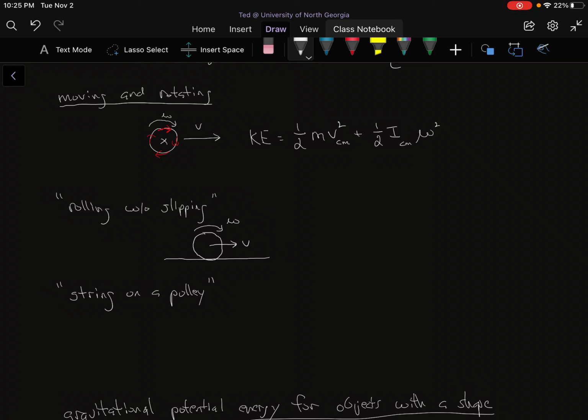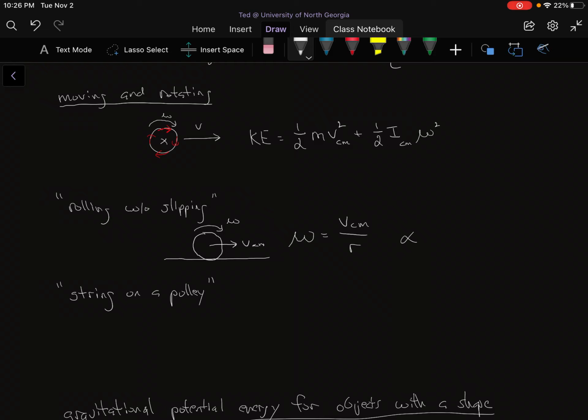And in that special condition, we know that the angular velocity of the object is equal to the velocity of the center of that object divided by the radius of the ball or the wheel or whatever it is.